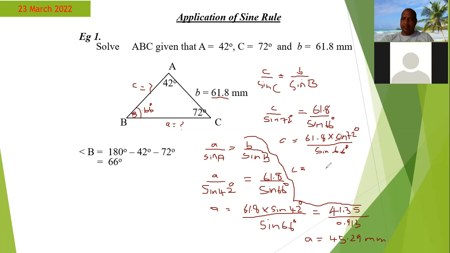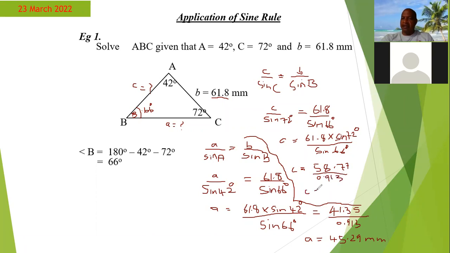The numerator is 58.77. The denominator is 0.913. Just as before, once it says the same 0.913, that is even one of the reasons why it makes sense to use that, because you would already have calculated these values for sine of B.